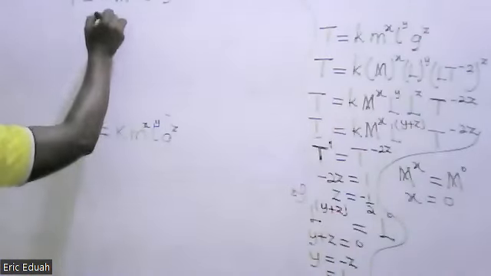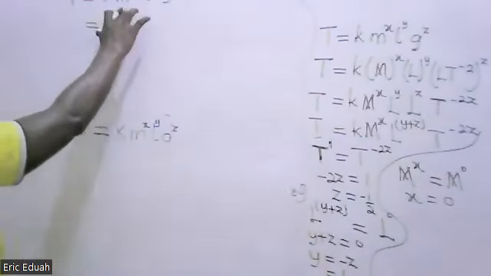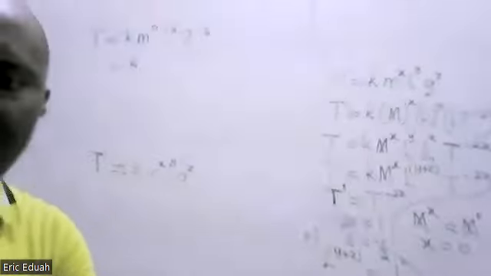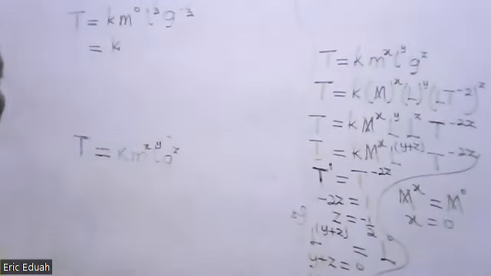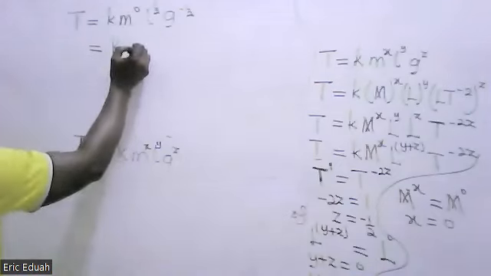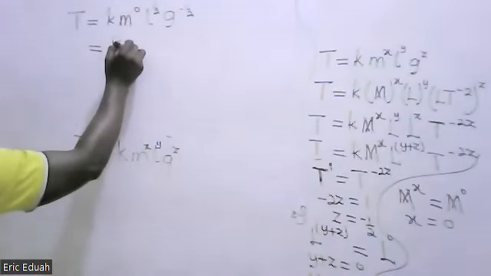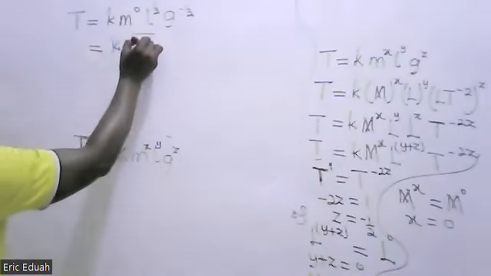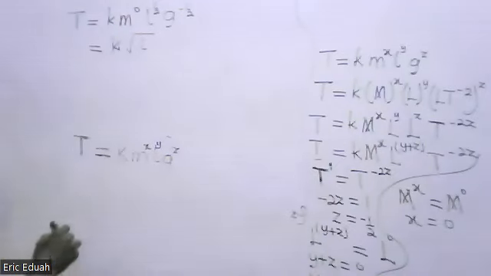This can be regrouped, meaning M will be deleted from the equation because it's to the power 0, and so that's equal to 1. So L to the power half can be expressed as the square root of L.